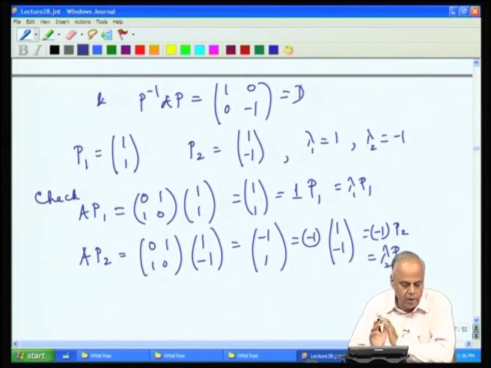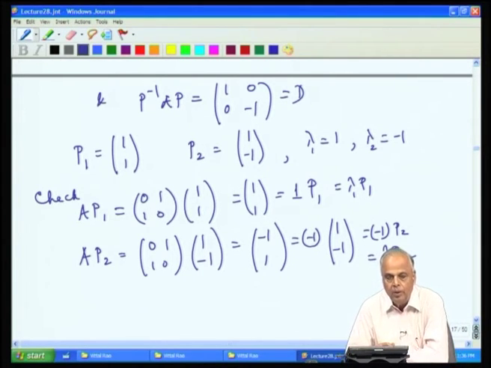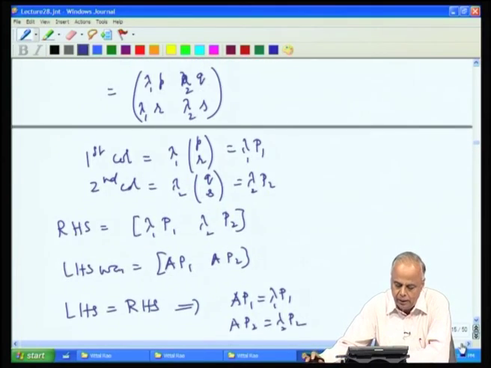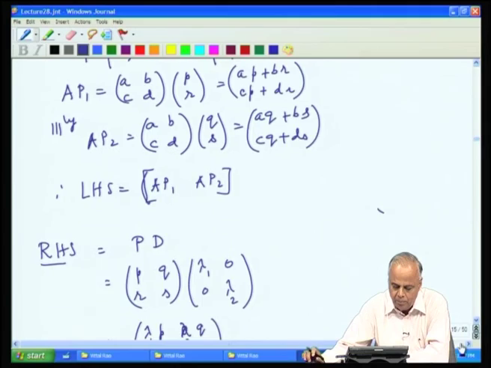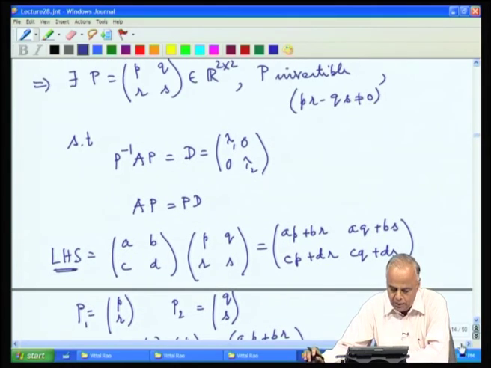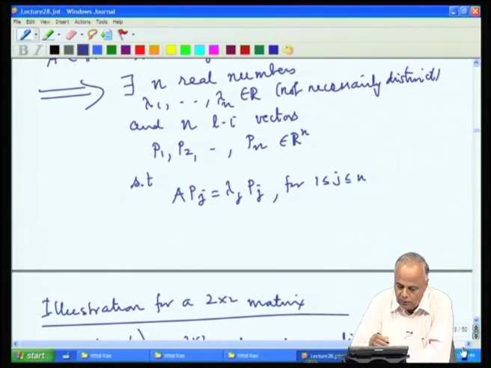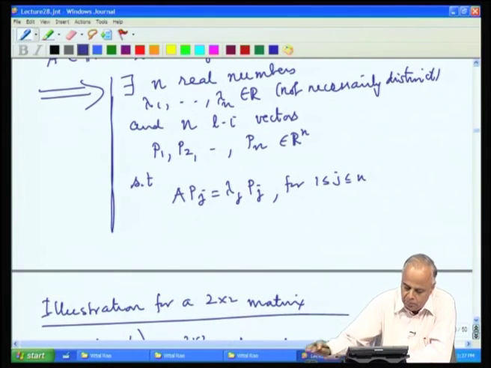So, whenever you have diagonalizability, you are assured of these n numbers lambda 1, lambda 2, lambda n and the n linearly independent vectors P1, P2, P3 such that this APJ is equal to lambda JPJ. So, this is the important thing.